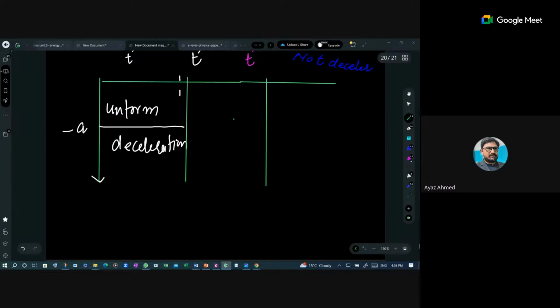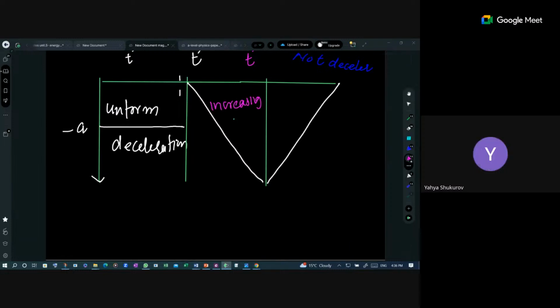Here is increasing deceleration, and then we have decreasing deceleration. This is increasing deceleration, and this is decreasing deceleration.